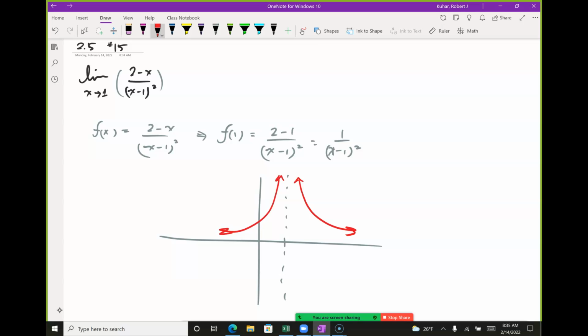It'll look like 1 over x squared, right? Do you see the 1 over x squared there coming from that piece? So really close to 1, it looks like 1 over x squared. Far away from 1, it looks like the original function, okay?